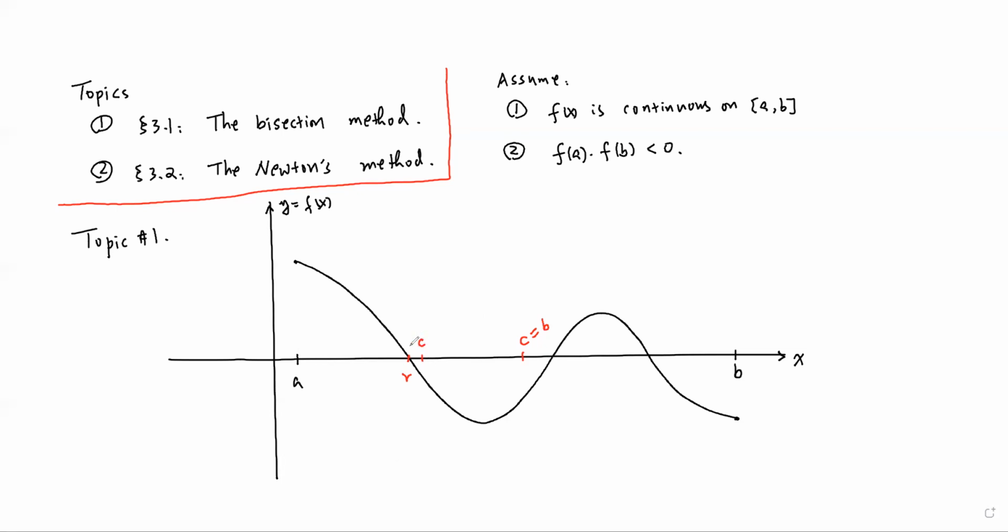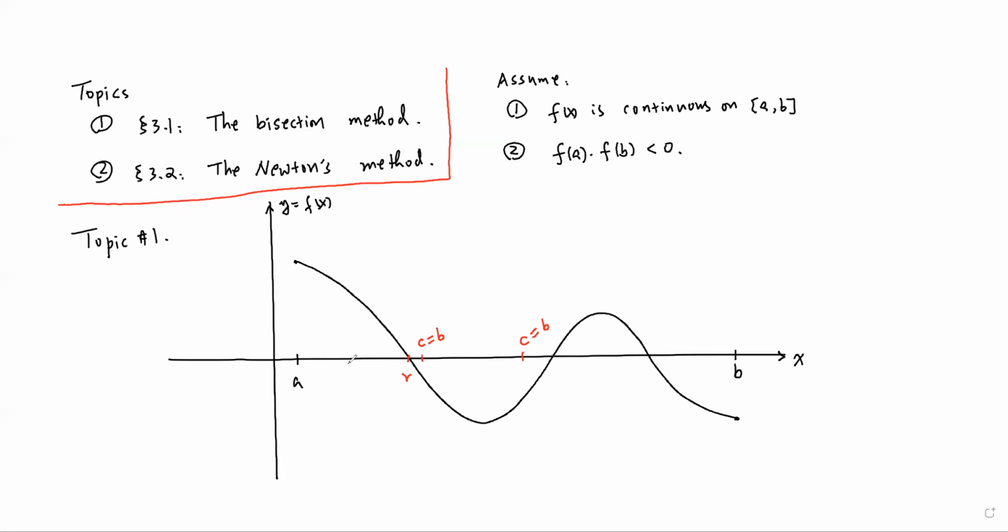Then compute the function value at C and compare the sign of the function value at C and the sign of the function value at A. In this diagram, we still have opposite signs, positive, negative. So the root is in this new interval AC. Now I rename C as B. I have a new interval AB.